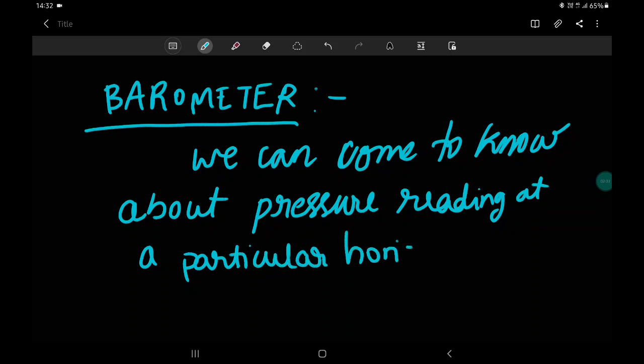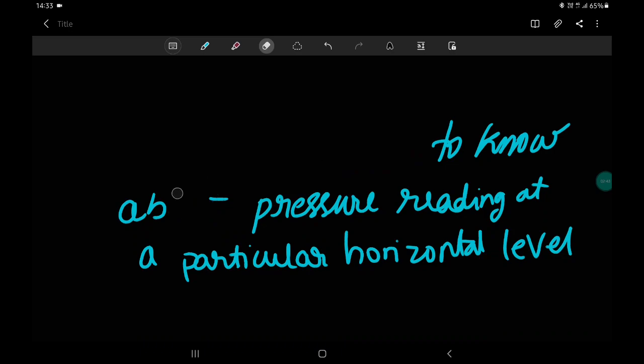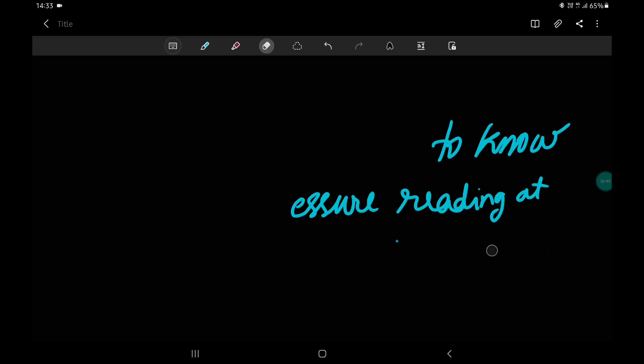At a horizontal level, how much is the pressure? You can come to know by using barometers. It is a very simple device, and it can be constructed by ourselves also. The typical barometers which you have in the lab are something different; I am talking about the general case.